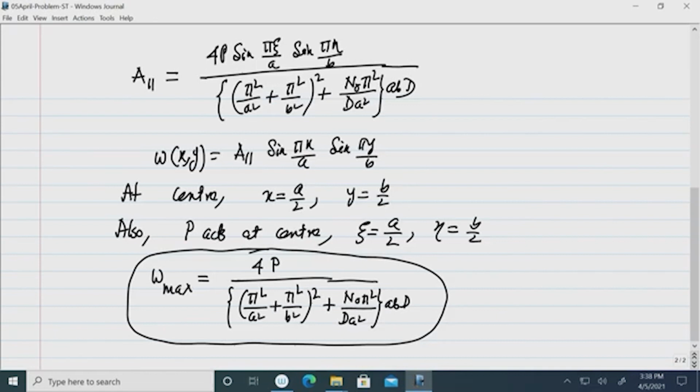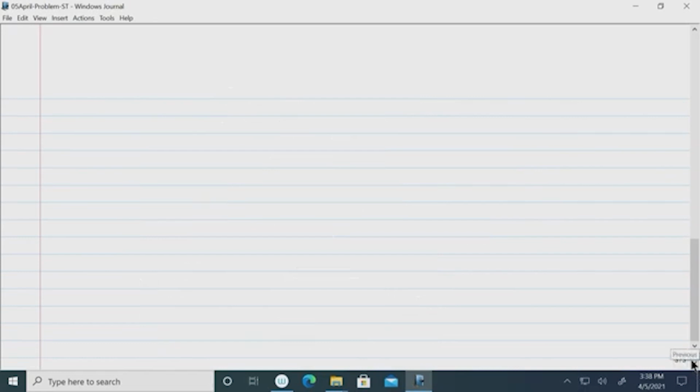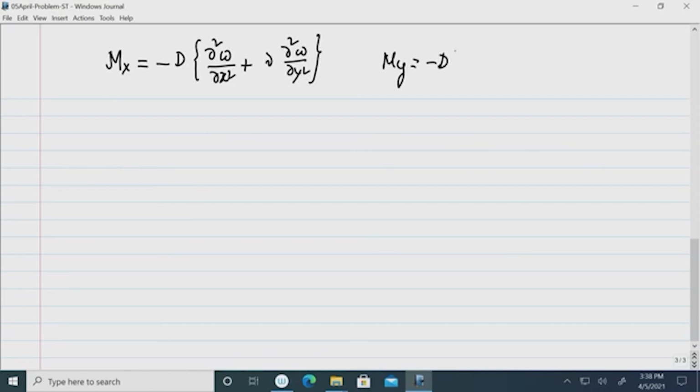Now, let us find what will be the bending moment and shear force at any point x, y. Okay. If you see the expression for bending moment, the bending moment in x direction is nothing but minus D, del square w del x square plus mu into del square w del y square, and bending moment in y direction will be minus D, del square w del y square plus mu into del square w del x square.